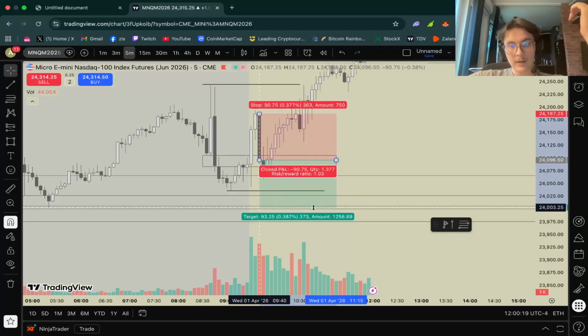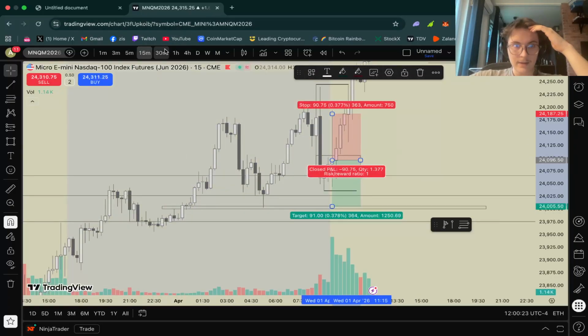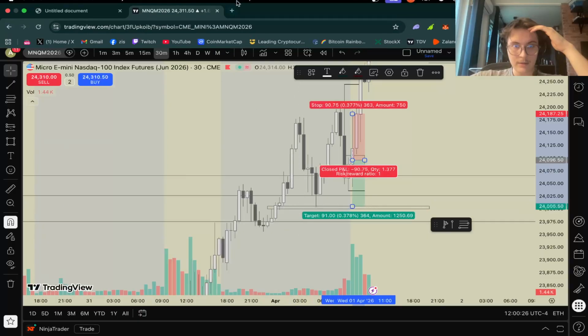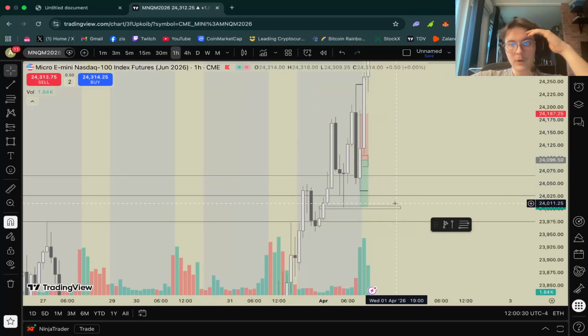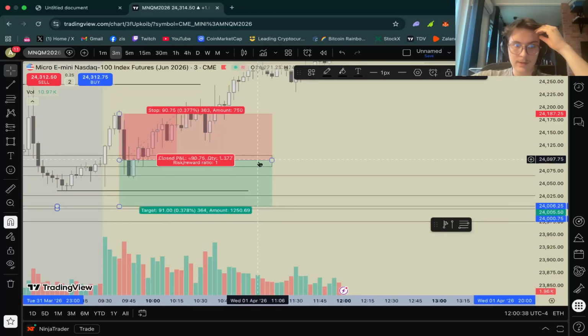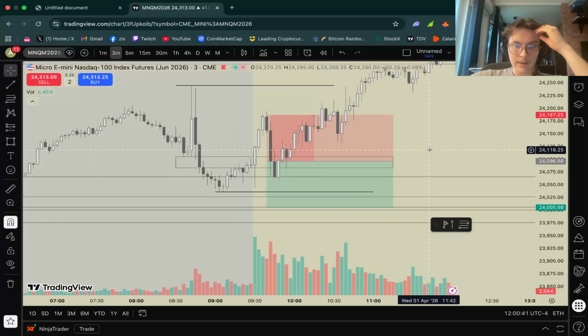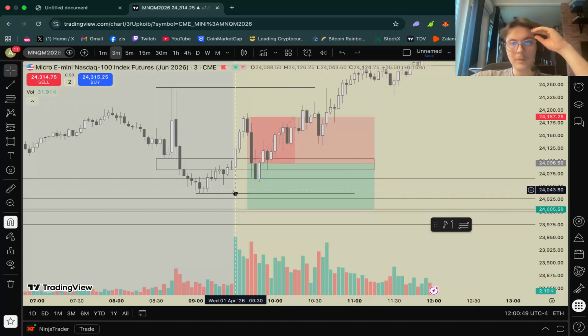Then we would be targeting this 1 hour bullish fair value gap, right? It's already been tested, but definitely an area to be interested in. And the break even would have been here, at the closest, most recent point, but this would have been a loss.